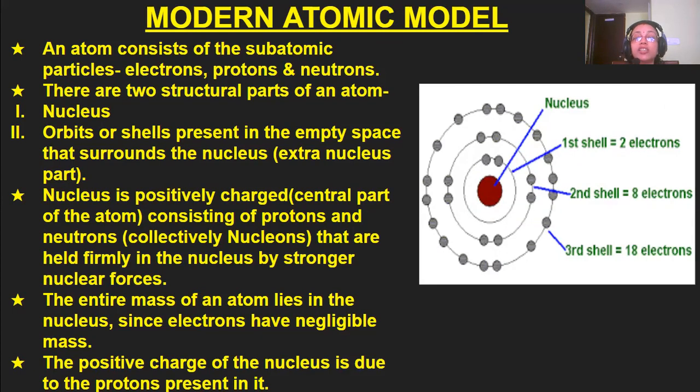Now, the nucleus is positively charged. The protons present in the nucleus have a positive charge, and the neutrons, also present in the nucleus, do not have any charge. So the nucleus is positively charged. The protons and neutrons are collectively known as nucleons, and they are held firmly in the nucleus by a strong nuclear force.